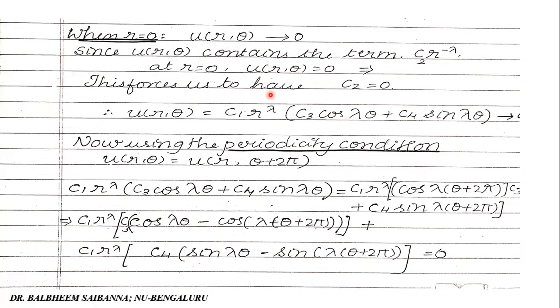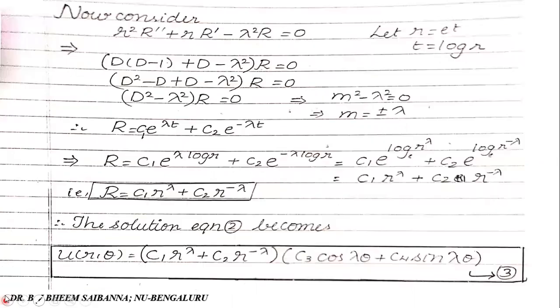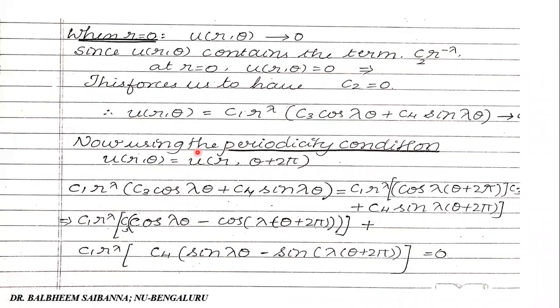This forces us to have C2 must be 0. Then with C2 equal to 0, the remaining terms are written as they are: u of r comma theta is equal to C1 r to the power of lambda, times C3 cos lambda theta plus C4 sin lambda theta.